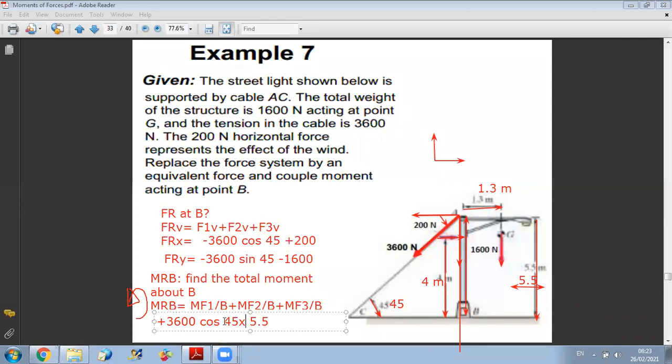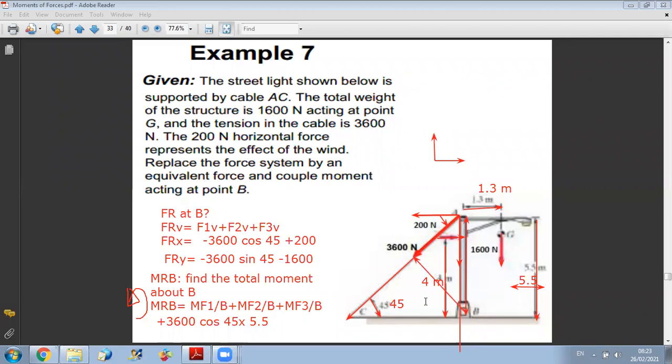Now, just before continuing with other forces, you have another method to find the moment of this force about B. You can say, I know the line of action of the force, and I find the perpendicular from B to this line of action. If I draw the projection, the moment is the distance times the force. And how to find the distance here?